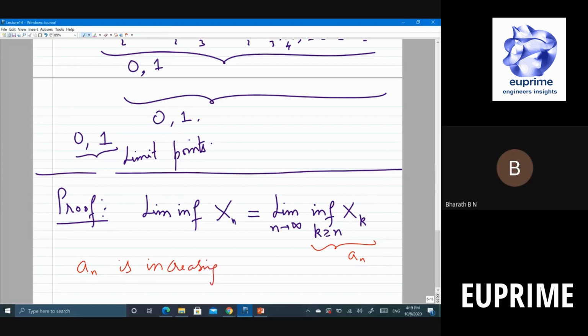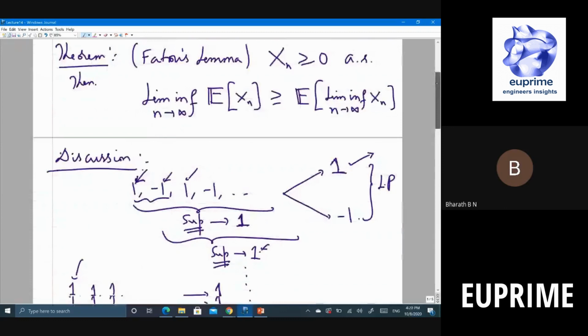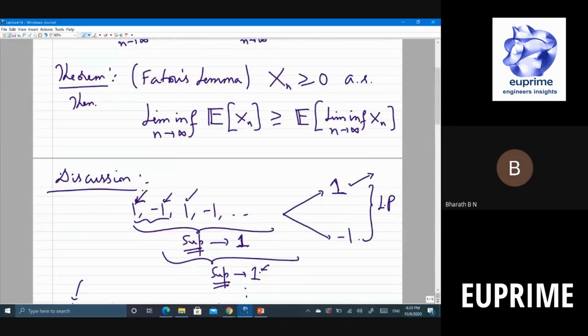So it increases to what? The limit, because you're taking the limit. Sir, is it because xn is increasing? No, xn is not increasing. I'm not saying xn is increasing; xn is a sequence of non-negative random variables, greater than or equal to 0 almost surely. That's all I mentioned. I didn't say it's increasing.